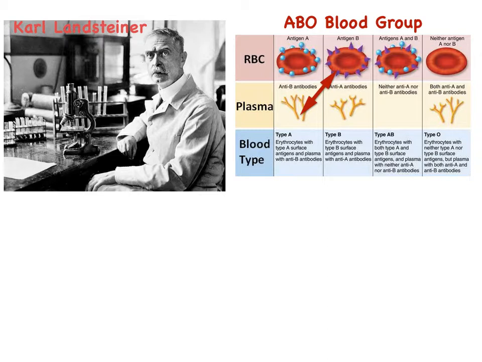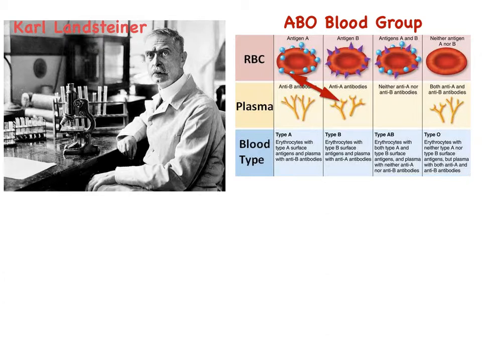That means this person cannot get blood from a person with the B blood type. Now, a person with the B blood group, the same way, has B antigen on the RBC surface, and that means they have antibodies against the A antigen in their plasma.